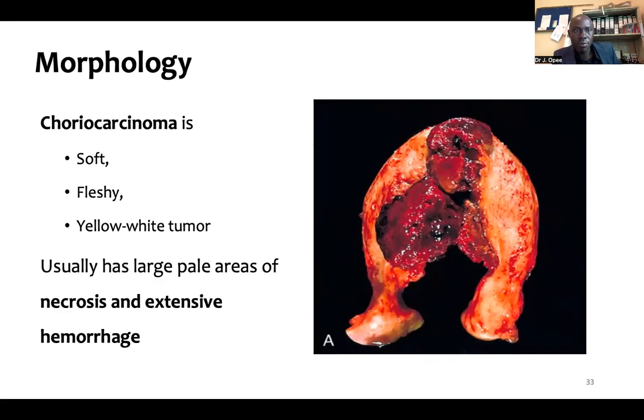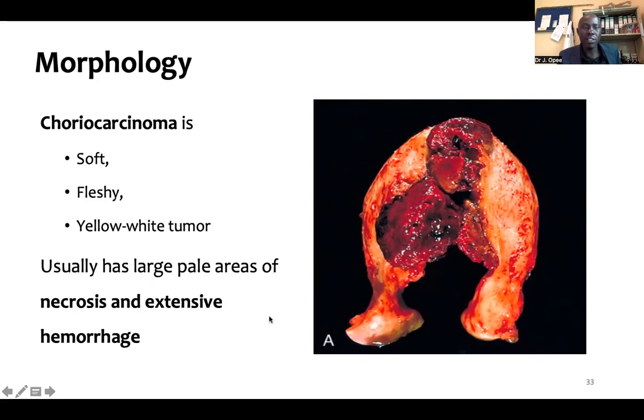It is a soft, fleshy, yellow-white tumor. Usually there are some large pale areas. You can see it very clearly in the slide. These tissues are soft and fleshy, so you have these yellow-white tumors that you can see.